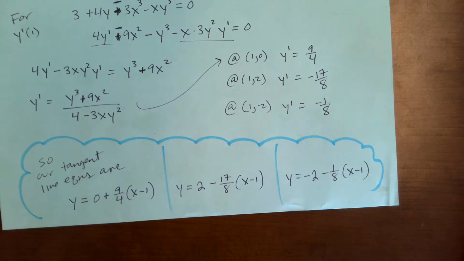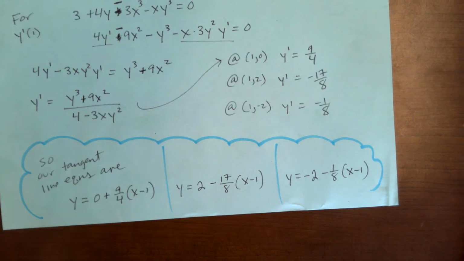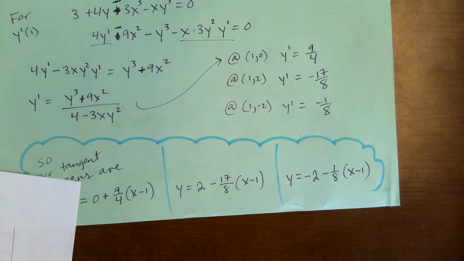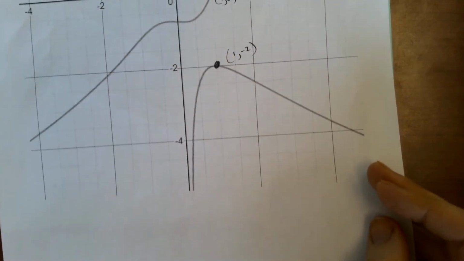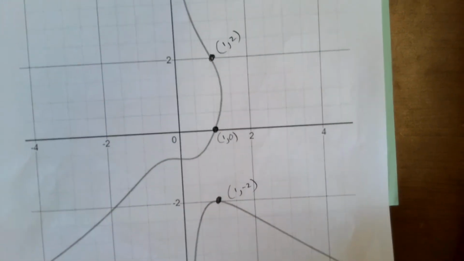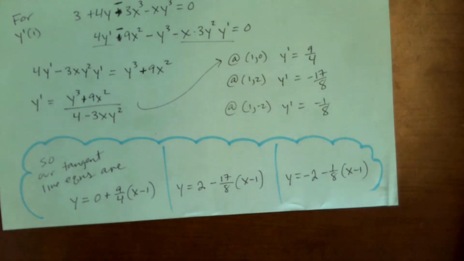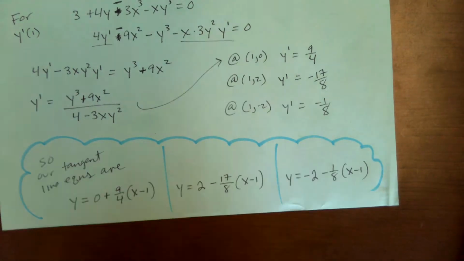Oh, and let me show you what I also got from Desmos. So here was the original graph. We knew we wanted the equations of the tangent lines to those 3 points. Here they are, all 3 of them.